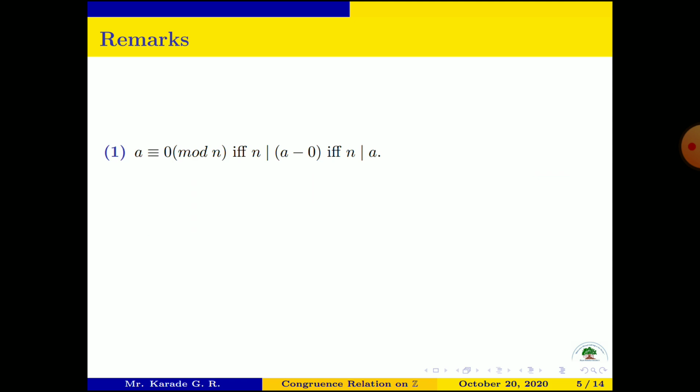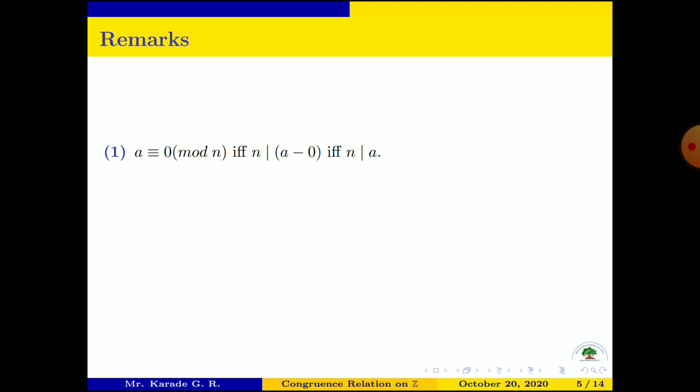We write some remarks based on this definition. So here A is congruent to 0 mod n if and only if n divides A minus 0, and this is if and only if n divides A. So if n divides A, then we can say that A is congruent to 0 mod n. Very simple.